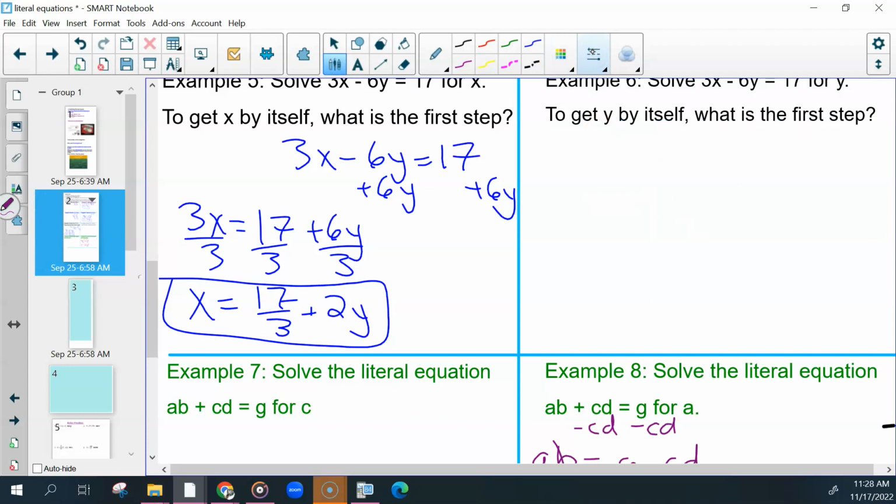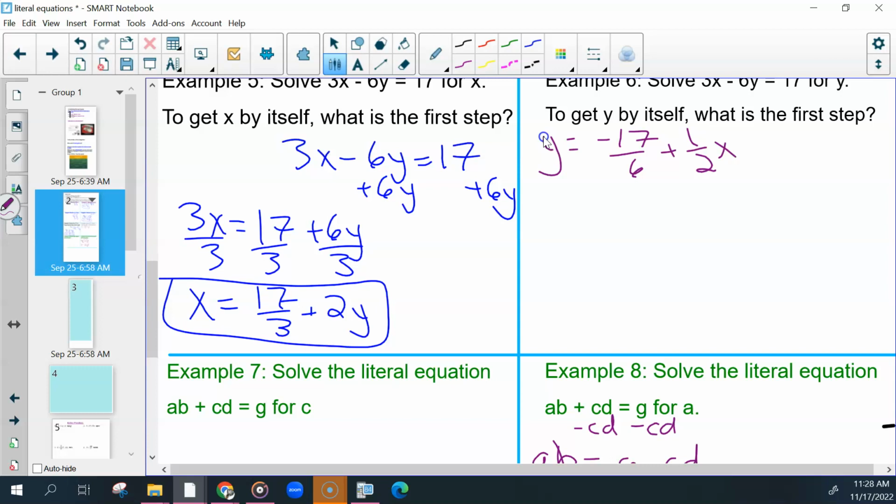So for number 6, the answer to this was y equals negative 17 over 6 plus 1/2 x, or plus x over 2. Do we need to see that one? Do we have any questions about that one? Especially when you have numbers, make sure you're dividing everything because something could simplify, unless you know for a fact that nothing could simplify.